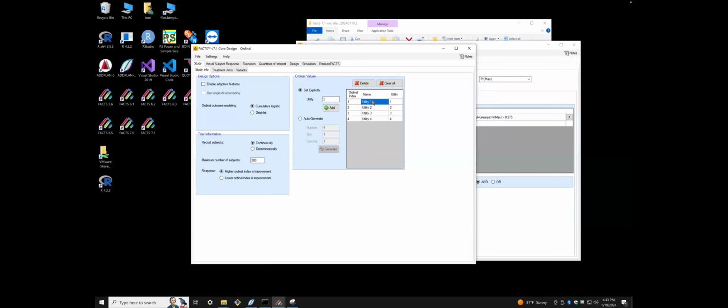So maybe that's death, maybe that's ICU, maybe that's hospitalized, and maybe that's at home. So maybe this is kind of like a COVID recovery status after a certain number of weeks of coming into the hospital.